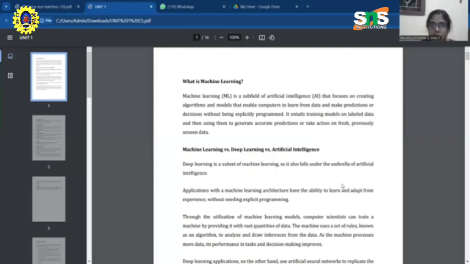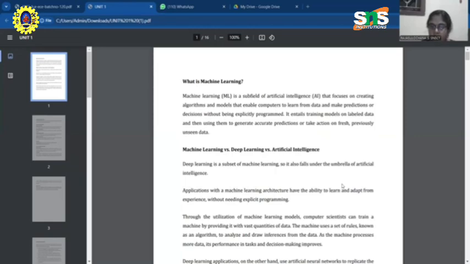Since I have said machine learning is a subfield of artificial intelligence, deep learning is considered a subset of machine learning, which is again a subset of AI. Any model developed using machine learning techniques has the ability to learn and adapt from experience without the need for an explicit program.